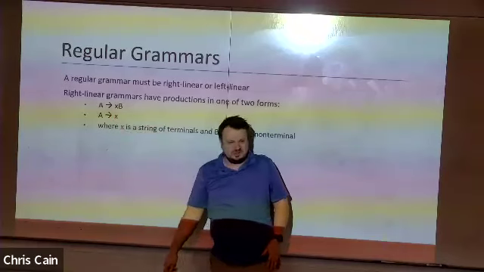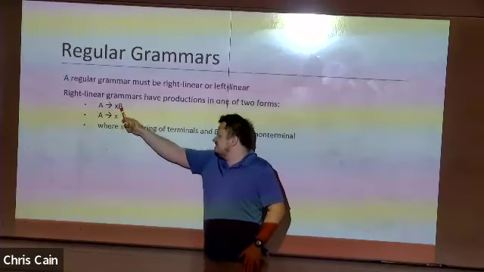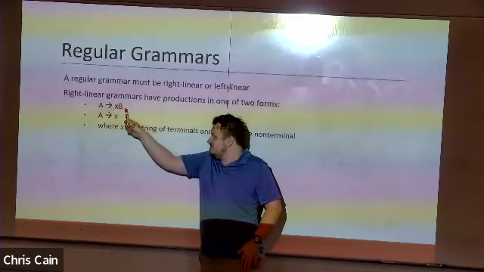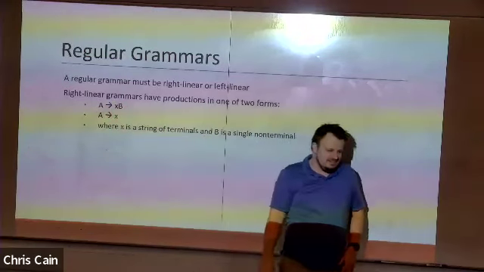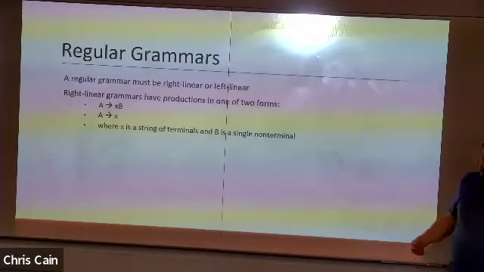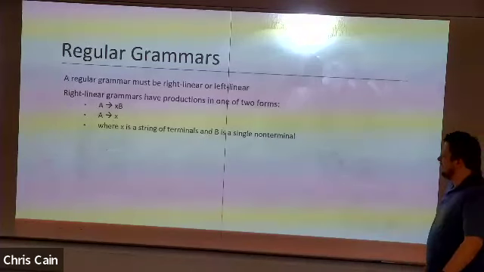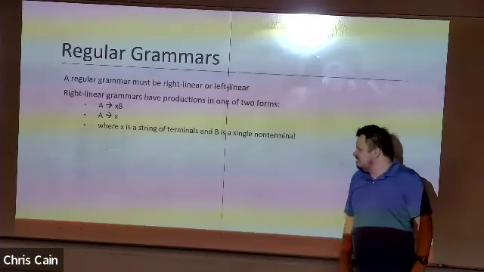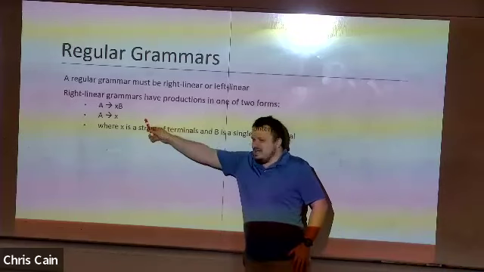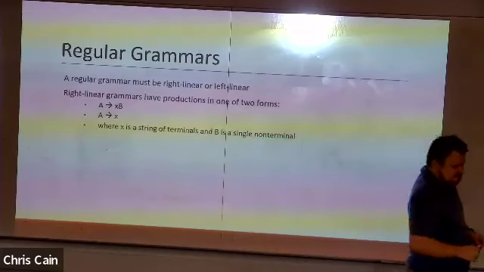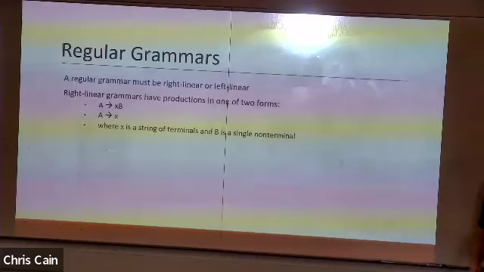Well, 0 terminals wouldn't really make sense, since you could just take A out of the language completely and specify the definition of B. But it can be any number of terminals with or without a non-terminal. But there can only be one non-terminal in each production. Questions on that concept? Does that intuitively make sense?